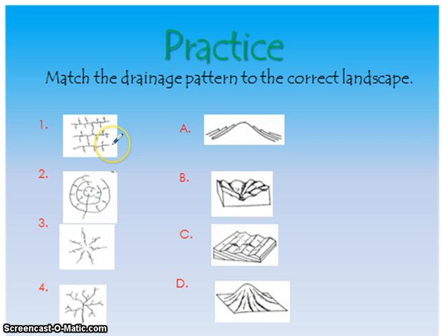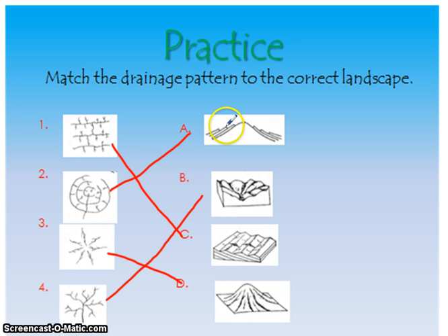The correct answers here: 1 will match up with C. We have this trellis or rectangular pattern. 3 will match up with D. We have the radial pattern. 4 will match up with B. You have the plain, the dendritic pattern. And 2 is the annular pattern. This is that sedimentary rock faulting or folding away, and you have that annular pattern. Again, hopefully you got those right.